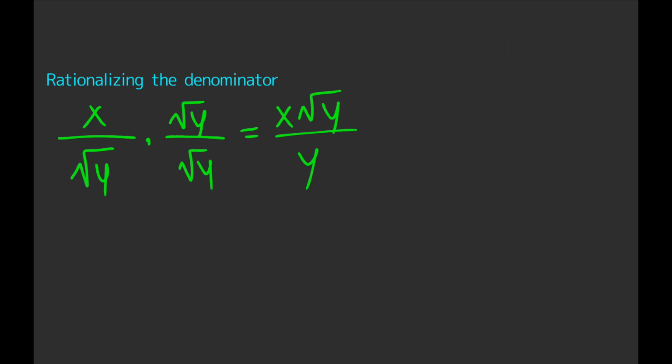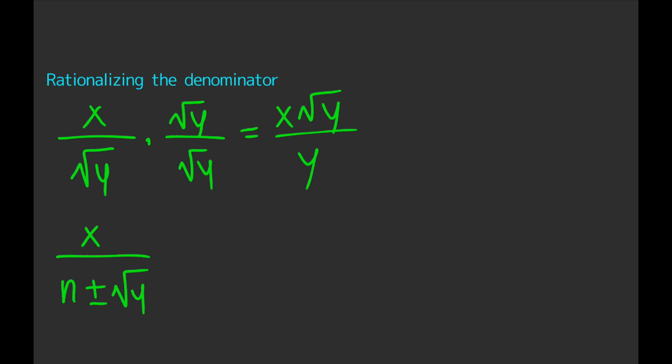Today we're going to be dealing with two-term radical expressions. And the way that's going to look is we're going to have x, which is any expression, over n, any number, plus or minus the radical y.